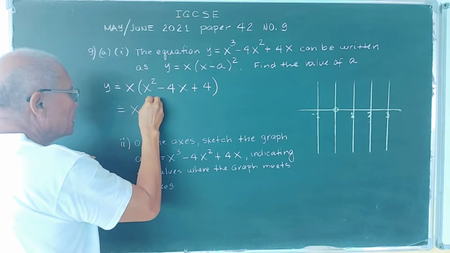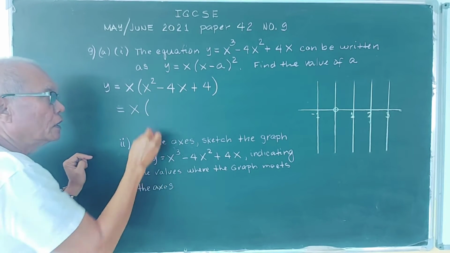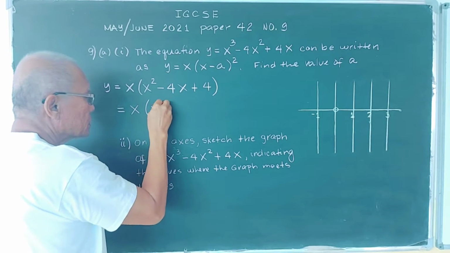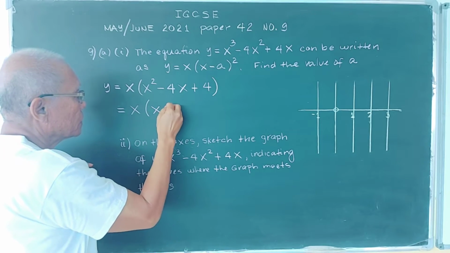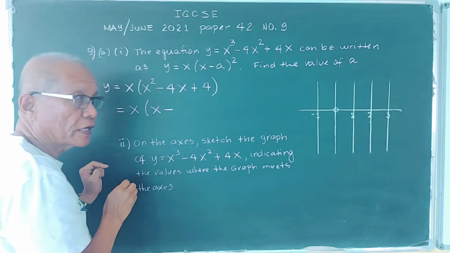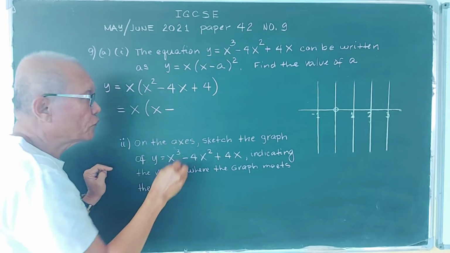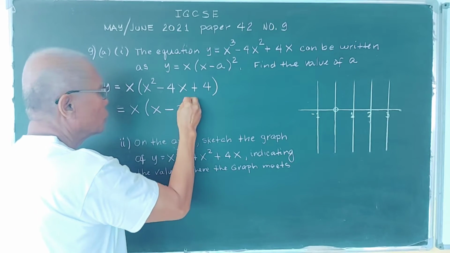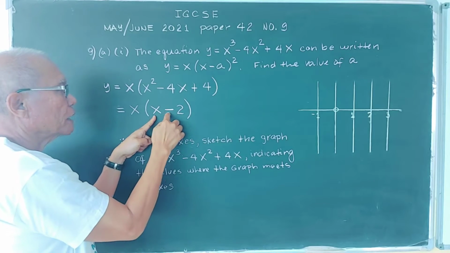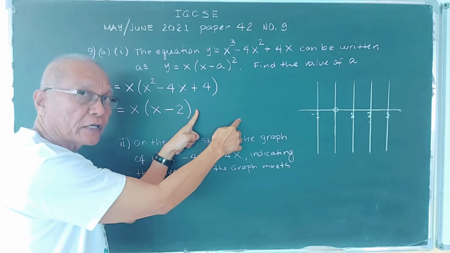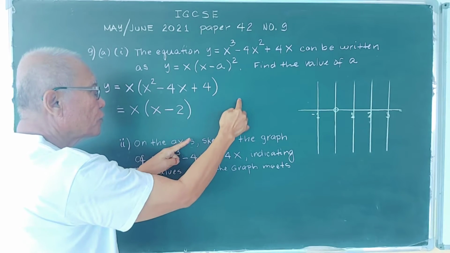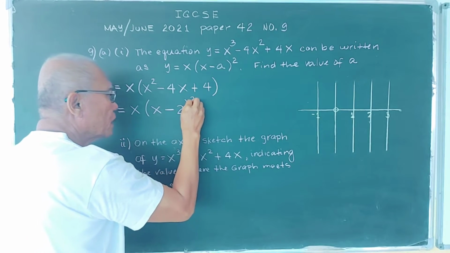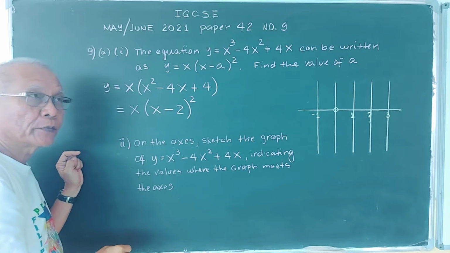We have x here, and then x times x squared. This is minus, therefore this is also minus, and the square root of 4 is 2. Actually, we have x minus 2 times another x minus 2. We have x minus 2 and x minus 2, with exponents 1 and 1, so we have to the second power.